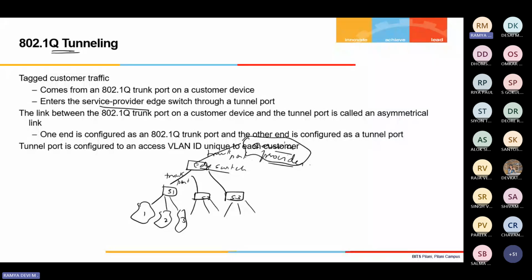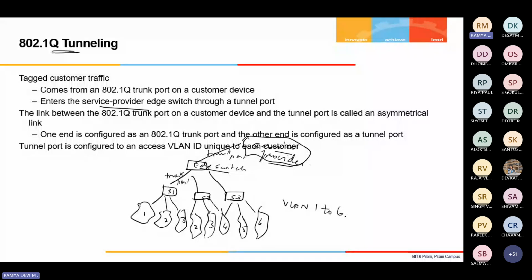So what is the purpose of tunneling? Tunneling is required to preserve the customer's VLAN tag. In this example, I have identified 2, 3, 4, here 5, 6. So how many VLANs are there? 1 to 6 VLANs are there.